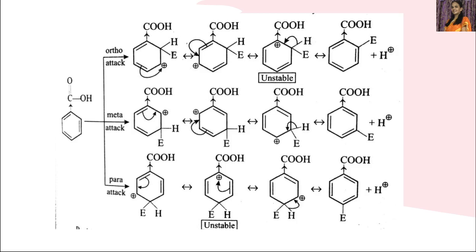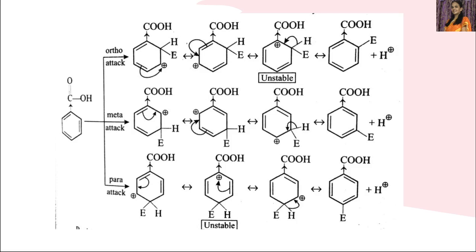In this para attack, what happens? The electrophile goes to para position and forms a sigma bond with this particular carbon with the help of the pi bond electrons. Thus the adjacent carbon gets the positive charge, and it is in delocalization with the rest of the pi bonds in the benzene ring. Thus different carbon atoms get the positive charge.